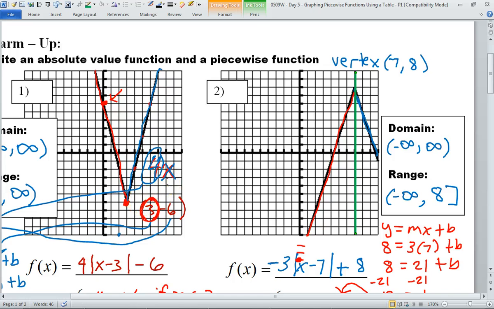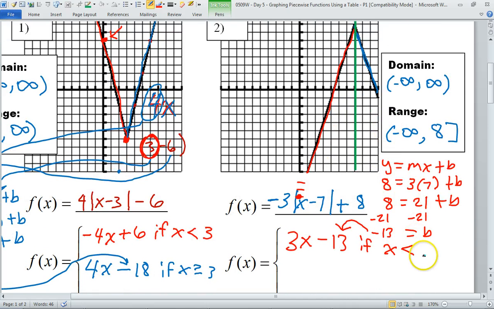Okay, see that green line I just put? That green line is where it splits the graph between the red and the blue. That green line is at a value of 7. Okay, that's why we always use the x value of the vertex. So that's why I'm going to say if x is less than 7.